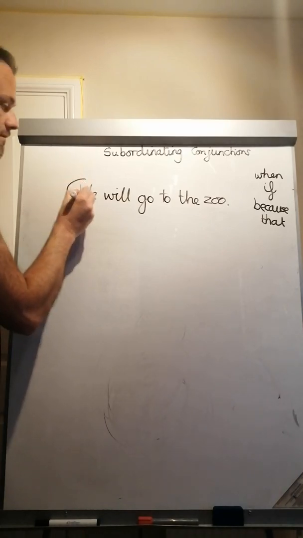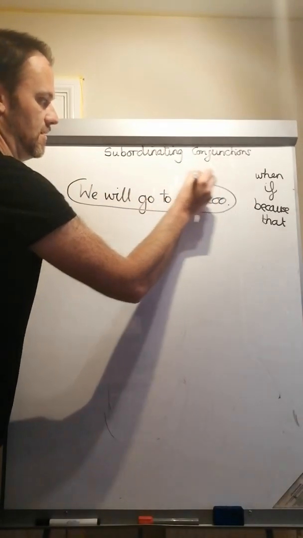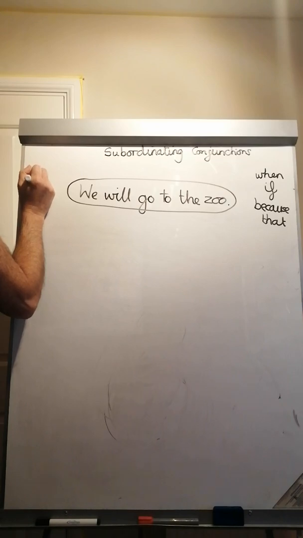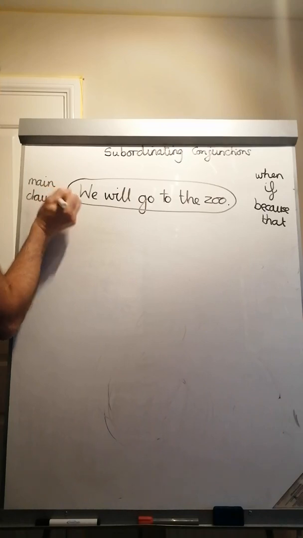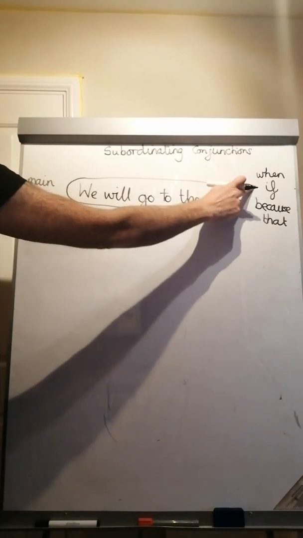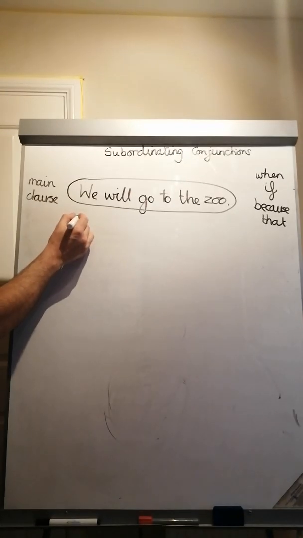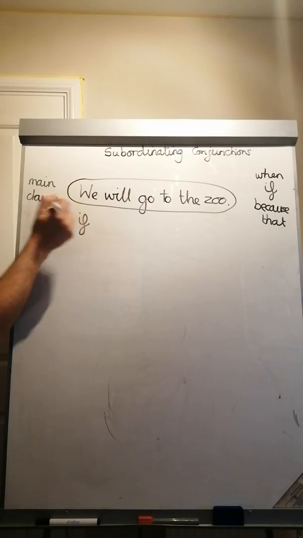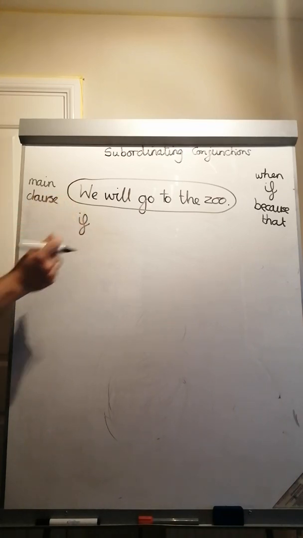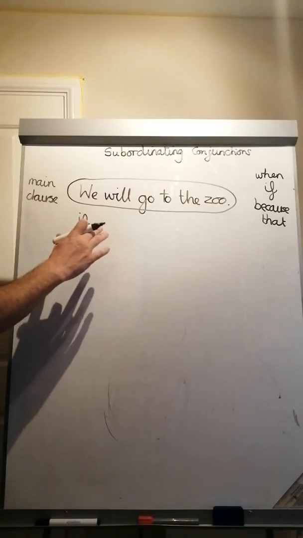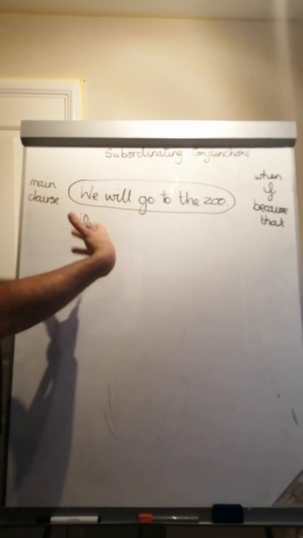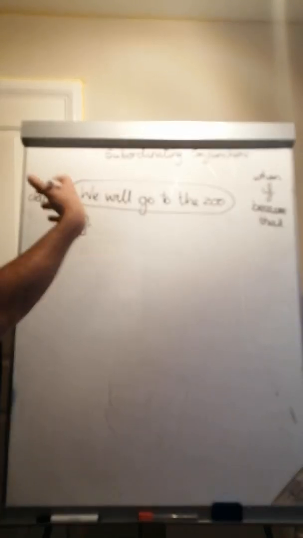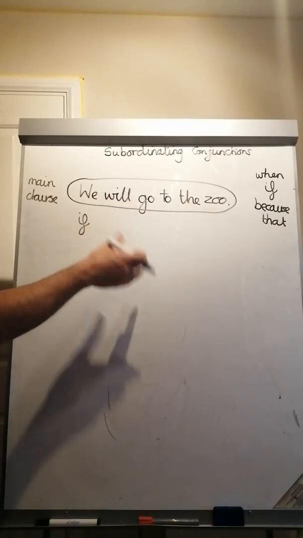So this is going to be our main clause. Okay, this time I'm going to use the conjunction if. Okay, so the first one was when, giving us a time or when we were going to go. So it could be when it was the evening. We said when it was sunny, so we're talking about the weather.